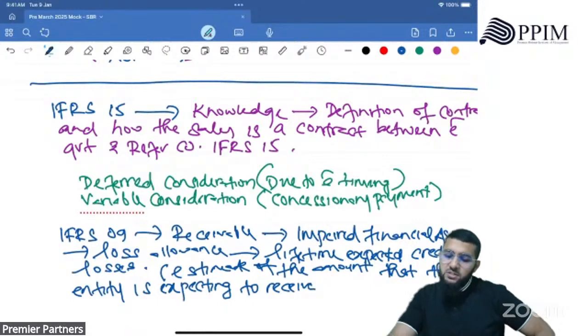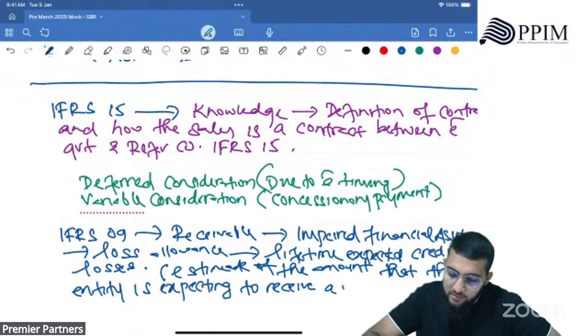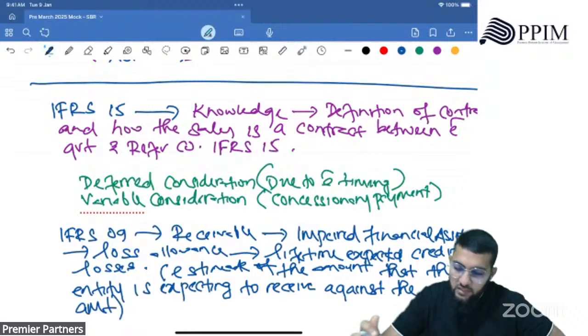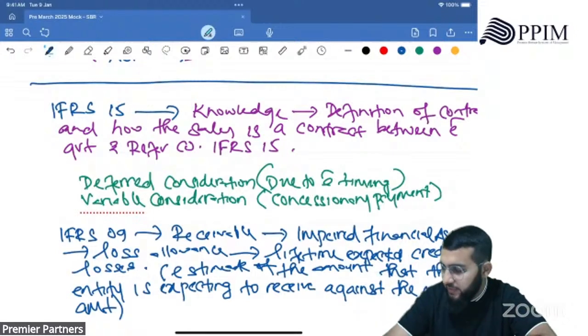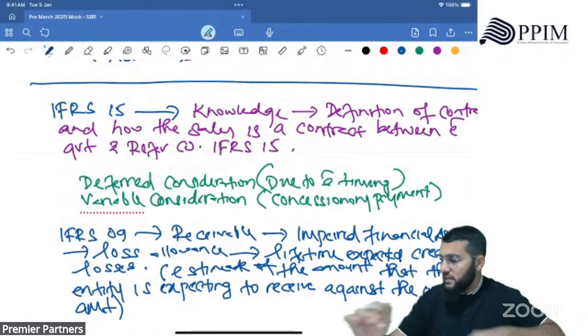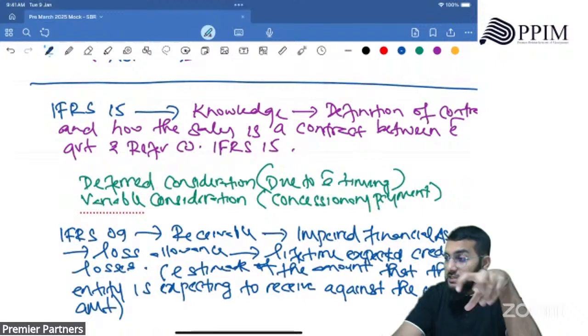So you have to always look at the estimate of the amount that the entity is expecting to receive against the invoiced amount or the transaction amount. The difference is, of course, the credit impairment, right? If there's a difference, that means that it is credit impaired. So when measuring lifetime credit losses, make sure you look at the estimated receipts, whatever you are estimating that you are going to receive in the future, considering the deferred and the variable payments, right?